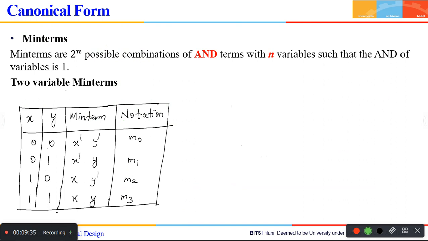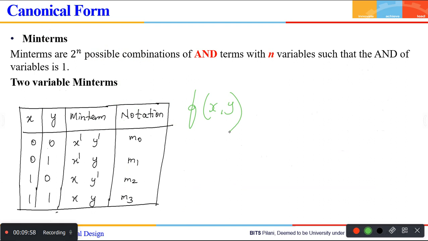I have changed my variables here. Instead of a, b, I have x and y. So my equation f will have only two variables. What are the four combinations of x and y possible now?